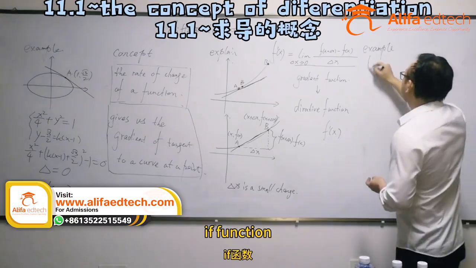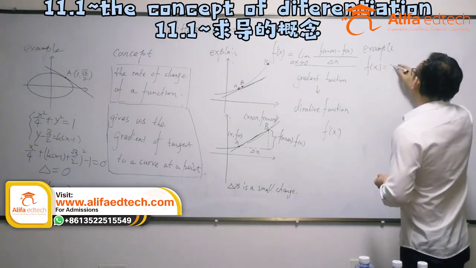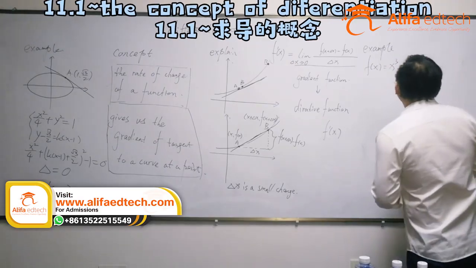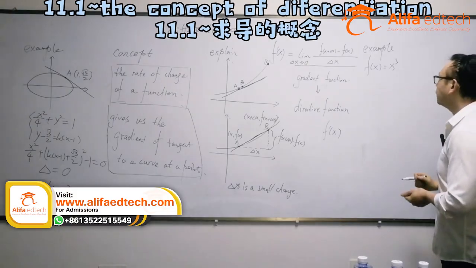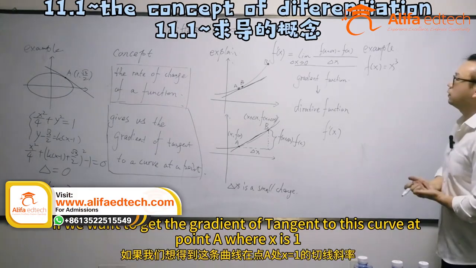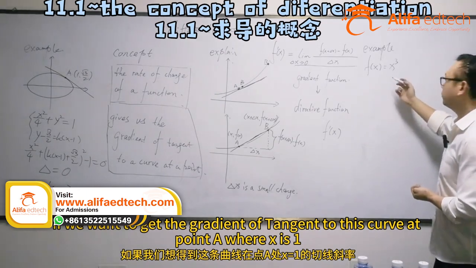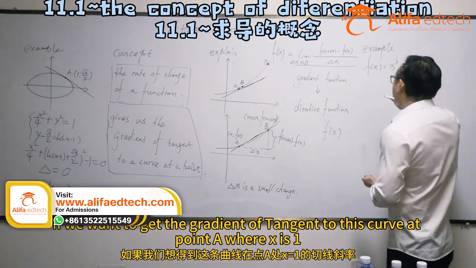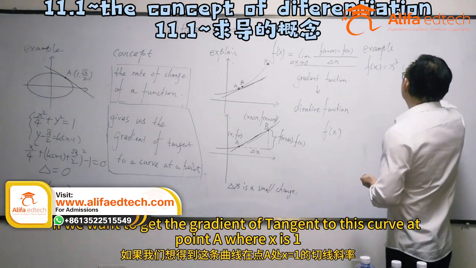If the function is x cubed, and we want to get the gradient of the tangent to this curve at point A, at the point where x is 1.